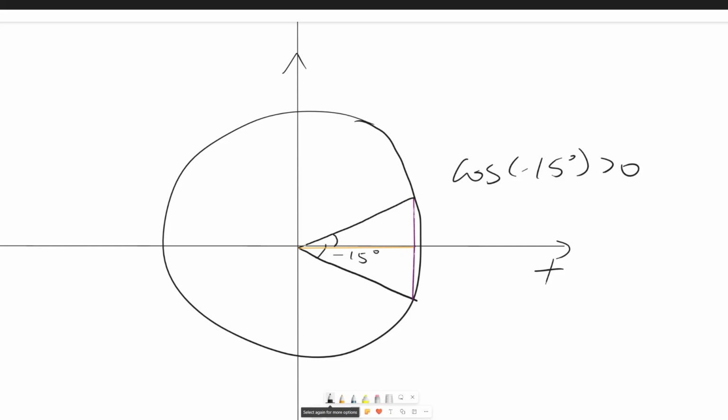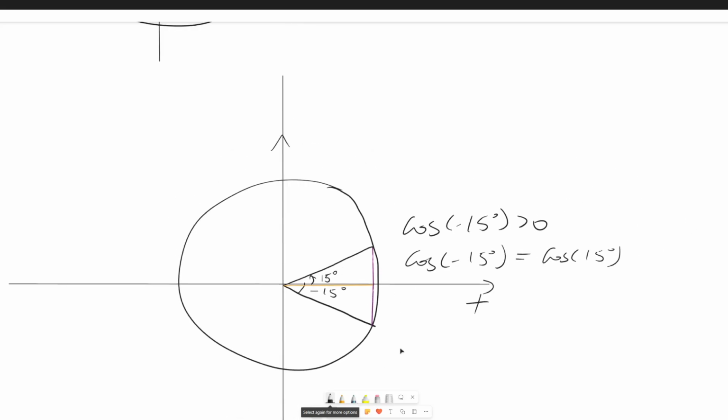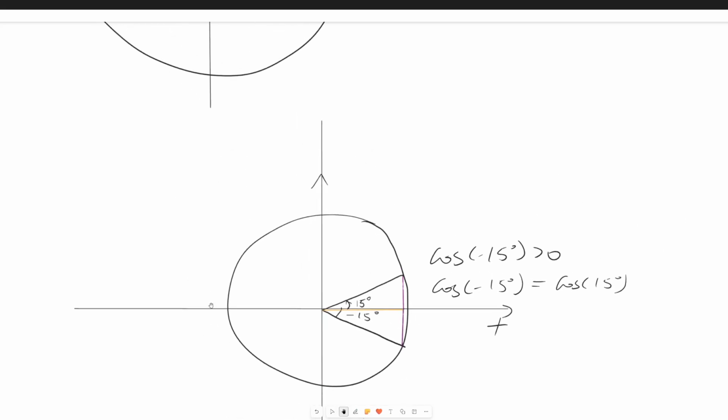We're starting from the right, the positive x-axis, and we're going up. When we go up, that's counterclockwise. So counterclockwise, mirror image, so this is going to be 15 degrees. Same angle, except this is positive. So what do we know? Cos of minus 15 degrees is going to be the same as cos 15 degrees. And that's the answer for this question.